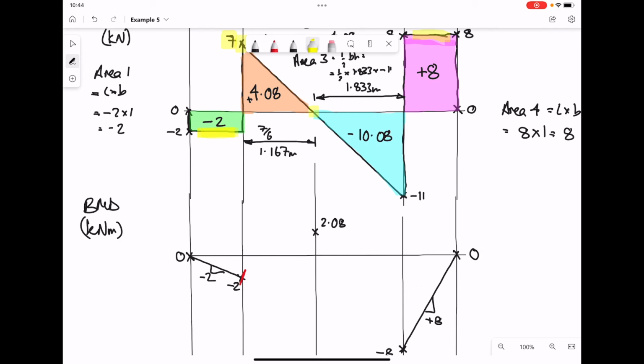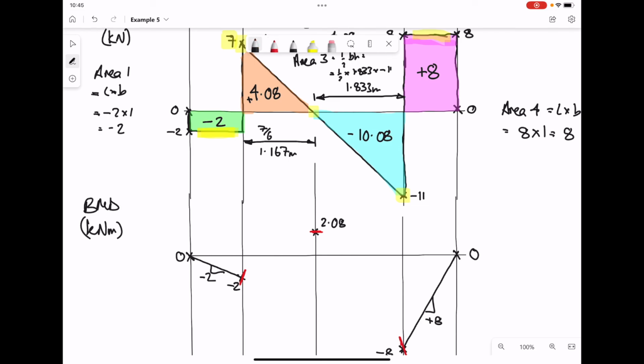Looking at the crossover point, where the shear force diagram crosses through the horizontal axis, the shear force value at that location is zero, so the gradient will be a flat line, and we'll draw a little horizontal tangent at that point. And looking at the end of the region where we have the UDL, we've got a shear force value of -11. So we can draw a little tangent to the curve at the very end with a slope of -11.